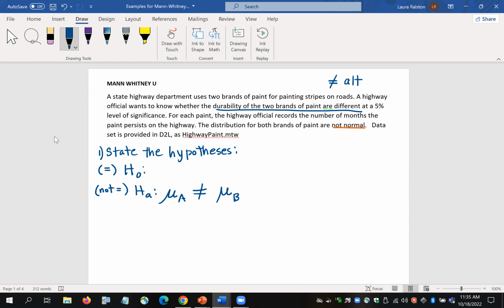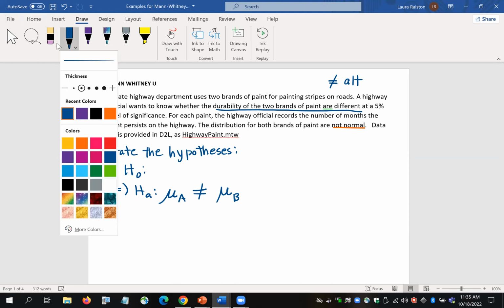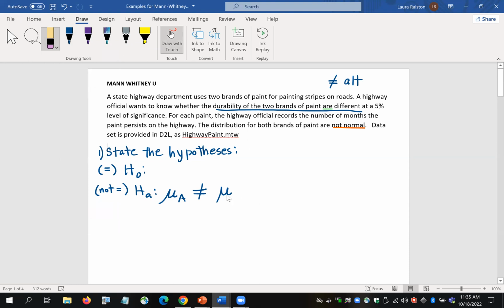Excuse me, sorry, it's not the mean. Because we're doing Mann-Whitney, it's the median. So we really are going to say the median for A does not equal the median for B. And again, I'm using median because it is not normal.